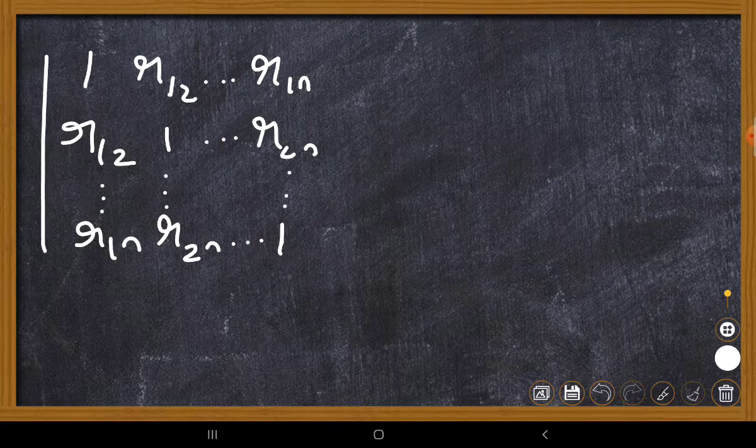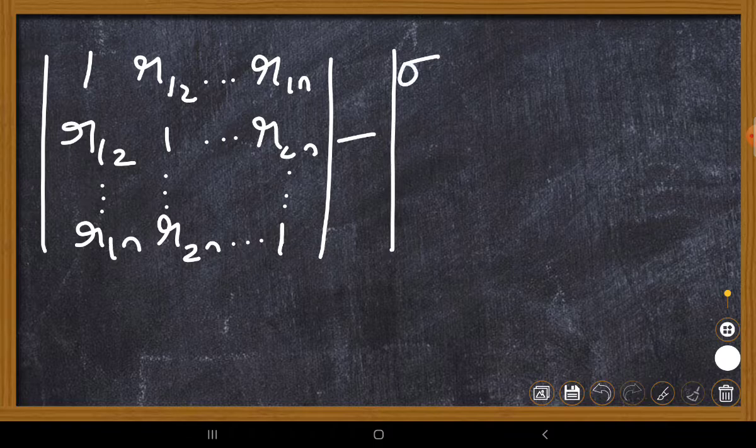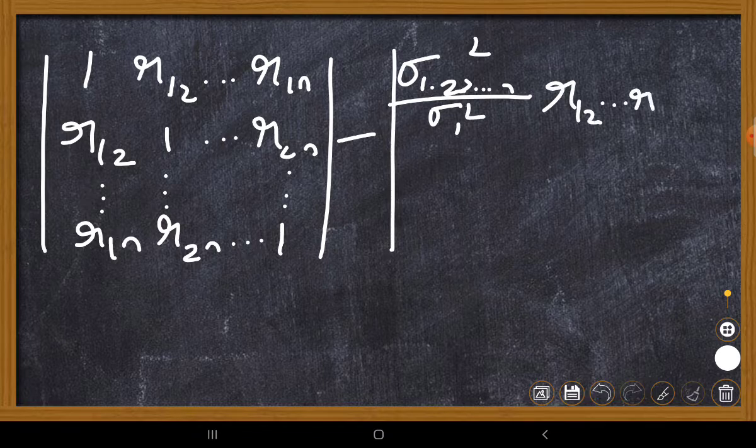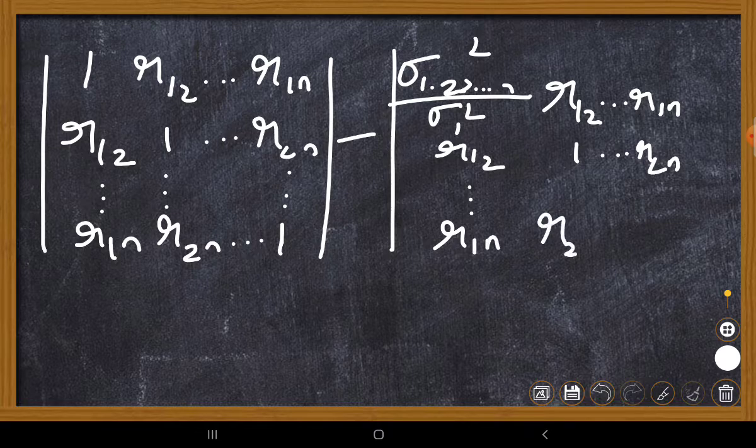This determinant minus, now here you write the other term: sigma 1.23...n square by sigma 1 square, r12 up to r1n, r12, 1 up to r2n, then r1n, r2n up to 1. So we have just split it into two determinants based on that first term.